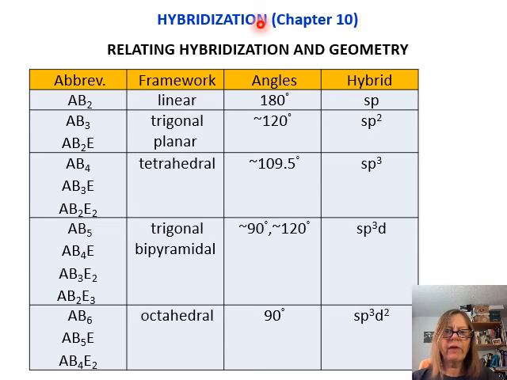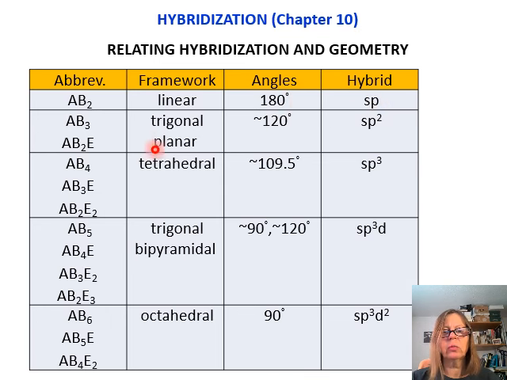So the concept of hybridization relates the geometry of the molecule to the orbitals that are involved in bonding or containing electron pairs. This table relates the geometry around an atom to its hybridization state. A linear framework corresponds to an sp hybridization.